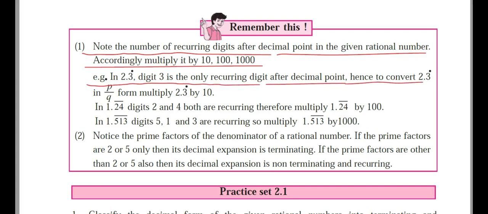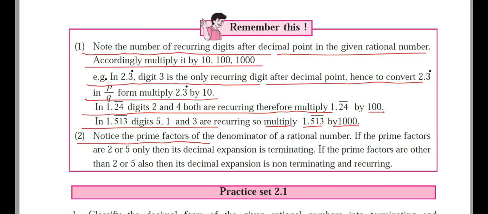For example, in 2.3 recurring, multiply by 10. If two digits are recurring, that is 24 bar, then multiply by 100. And if three digits are repeated, then multiply by 1000.